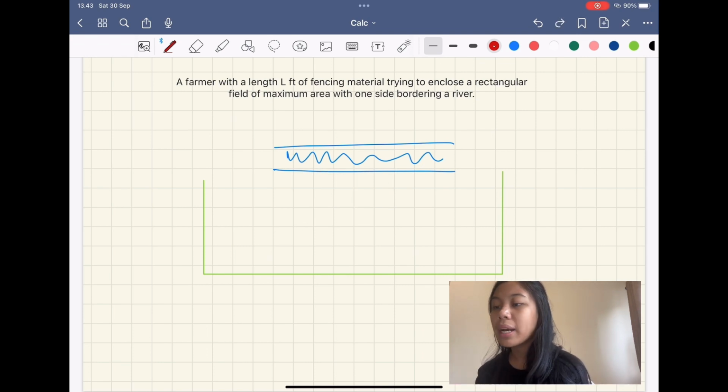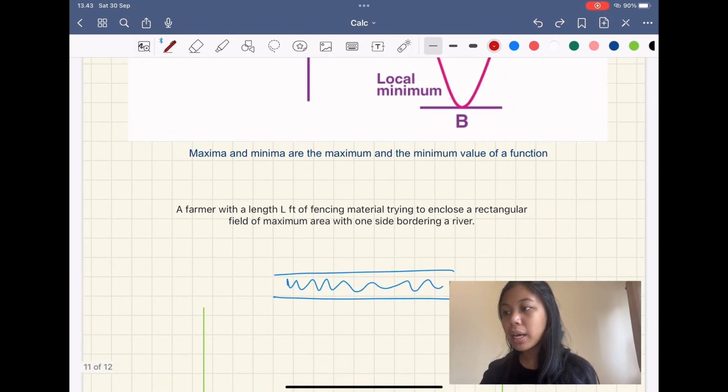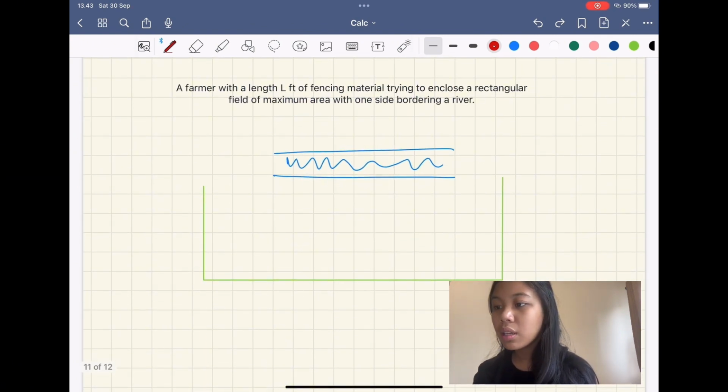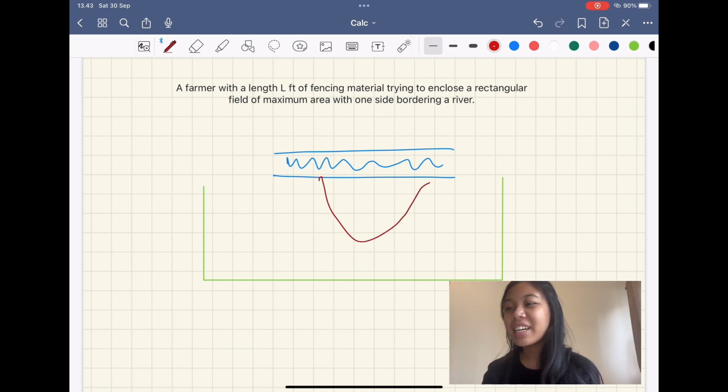What is the maximum area that could be covered by that length? That could be found using the maxima and minima, the maximum and minimum of a function.